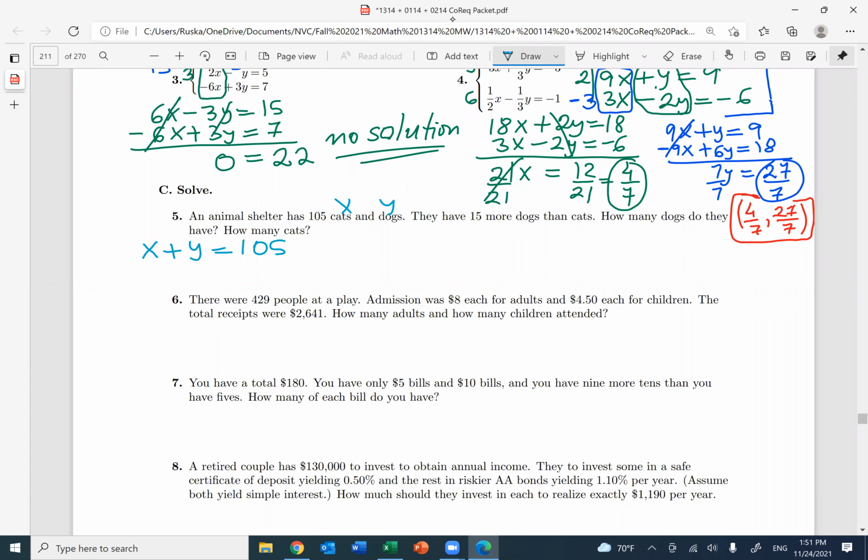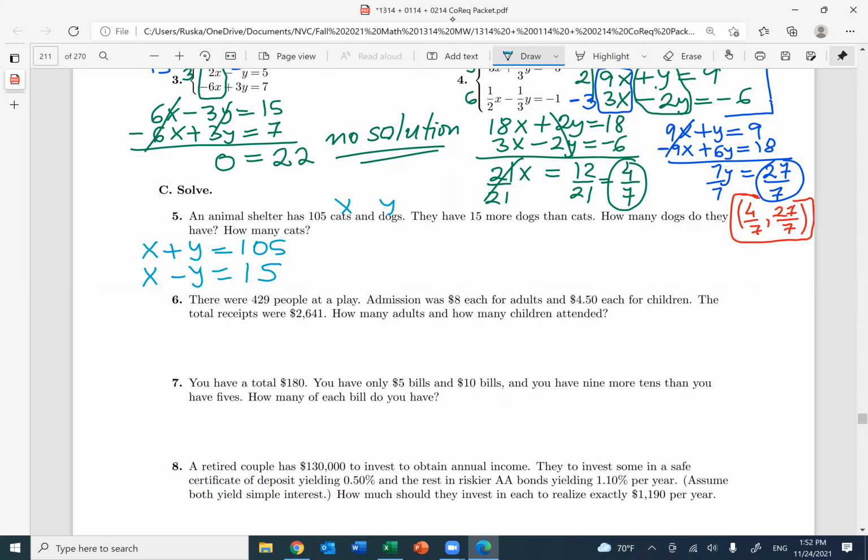And then they have 15 more dogs. So what that means, when I subtract the dogs minus the cats, it's going to be 15, right? Because the dogs are 15 more.